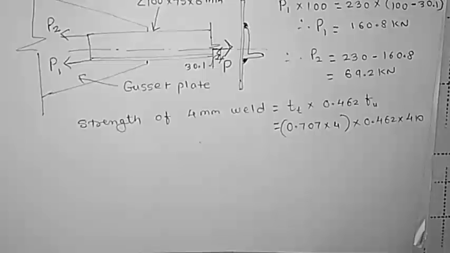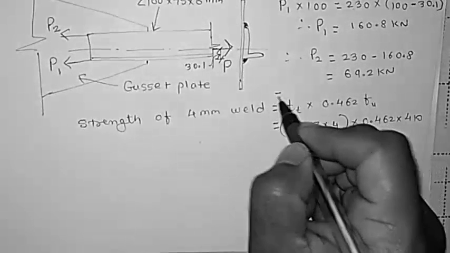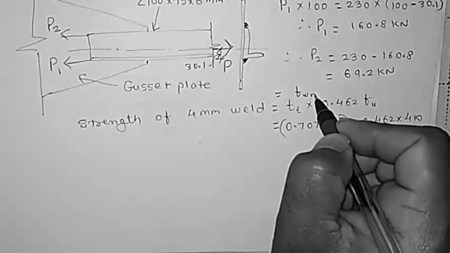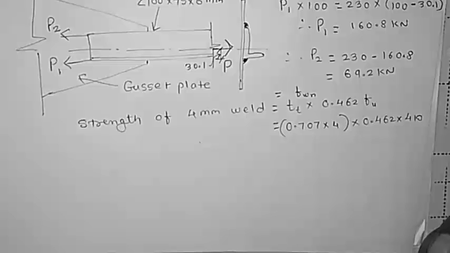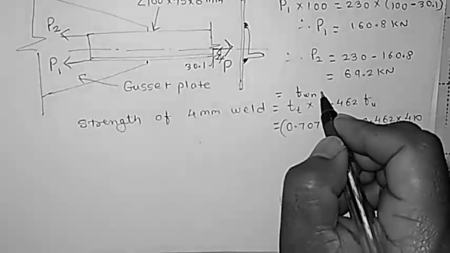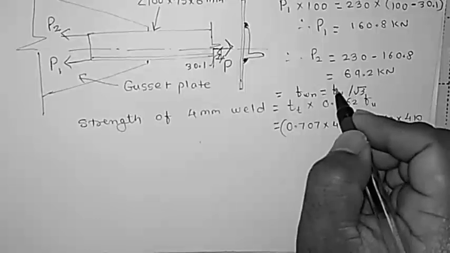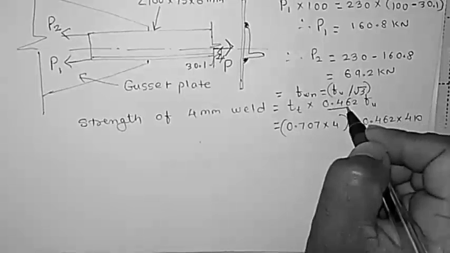It is 0.462, it is directly considered because that is 1 by root 3, or you can just simply consider this as FWN, which is equals to FU by root 3, this value.